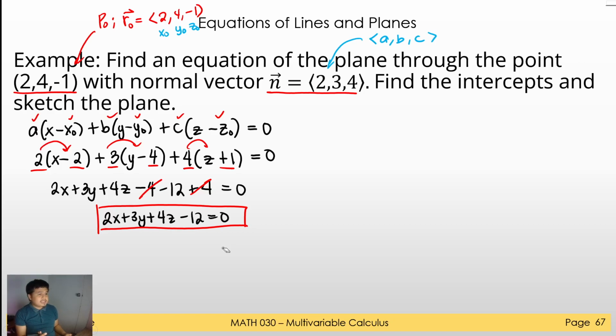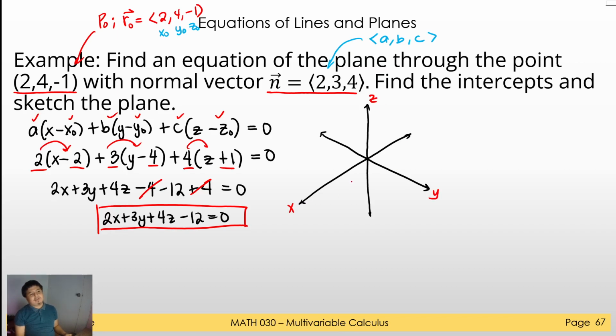So we want to find intercepts and also sketch the plane. How do we do that? What are intercepts? If you can imagine, we have this three-dimensional space. The intercepts here are where the plane intercepts the x, y, and z axes.